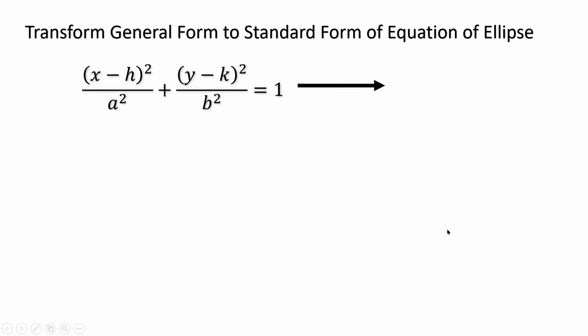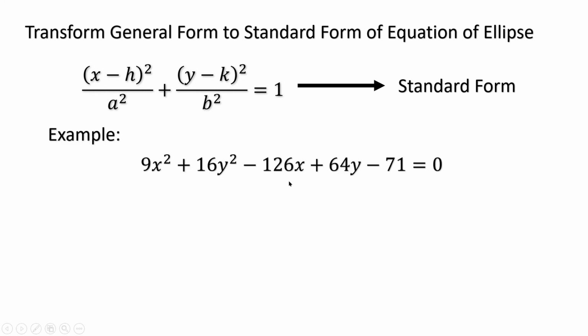Let's go to transforming the general form to the standard form of the equation of an ellipse. Here is our standard form: the square of x minus h over a squared plus the square of y minus k over b squared is equal to 1.